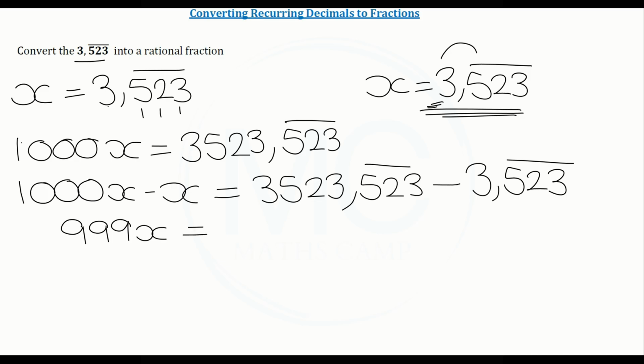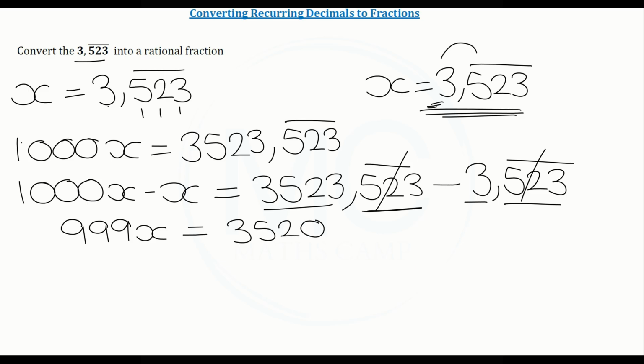Earlier in this video, we said the reason why we multiply x by 10 numerous times is so that the recurring digits will cancel out. So in this case, 523 recurring will cancel over here and over here. But we do not cancel the whole number over here, because now we say 3,523 minus 3, which gives us 3,520.